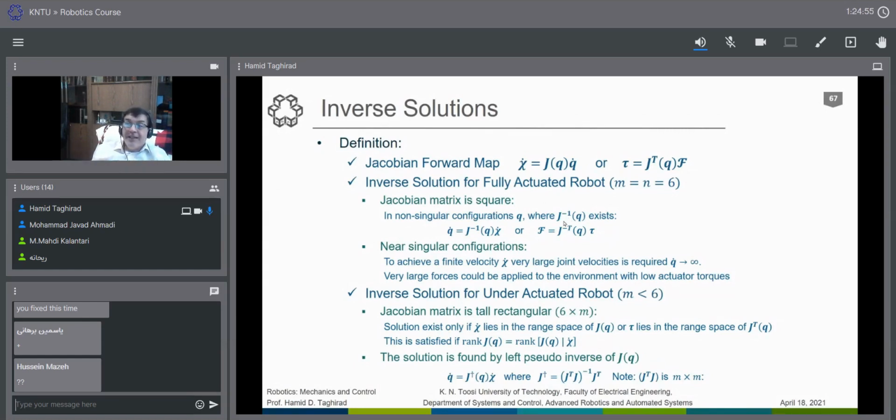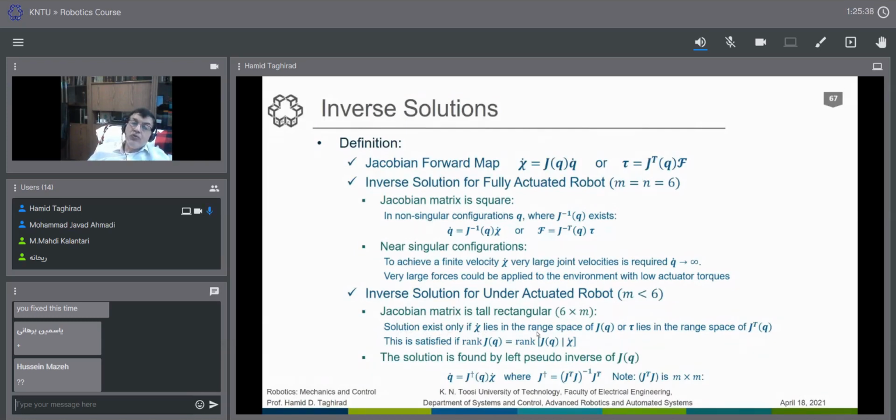The Jacobian matrix is a tall rectangular matrix, where the number of rows is larger than the number of columns, because each actuator adds a column. You remember each column was a screw axis, and the screw axis was related to the actuator. So we don't have a square matrix, we have a tall matrix, and usually there is not an exact solution available. A solution is available only when x dot lies in the range space of the Jacobian.